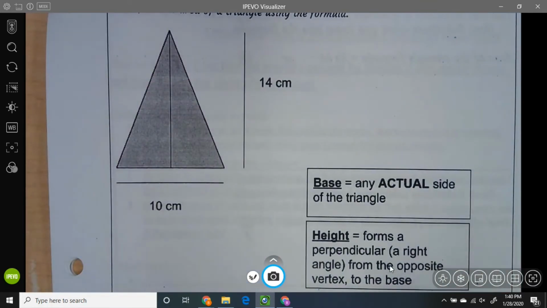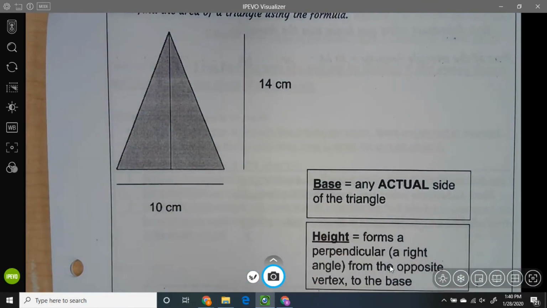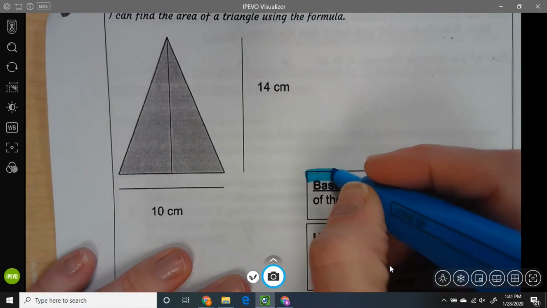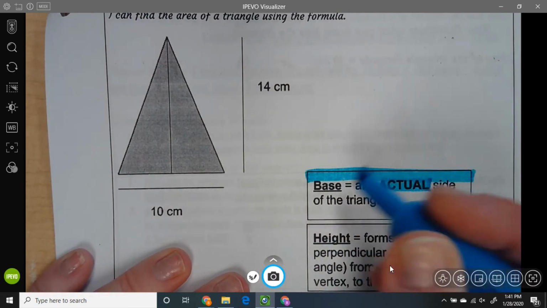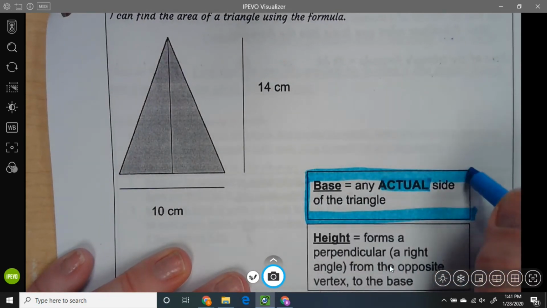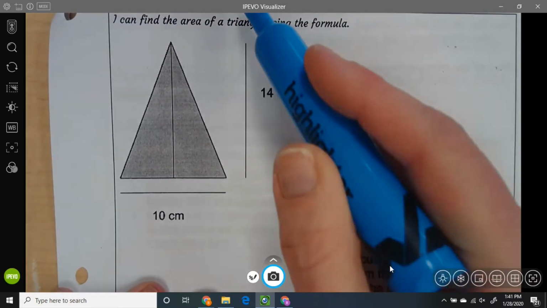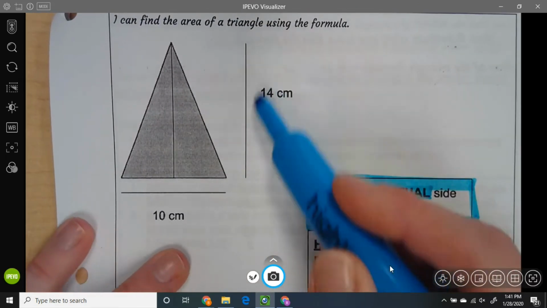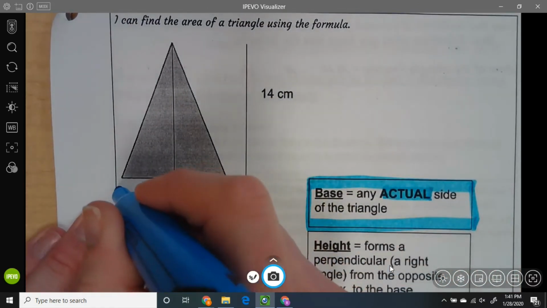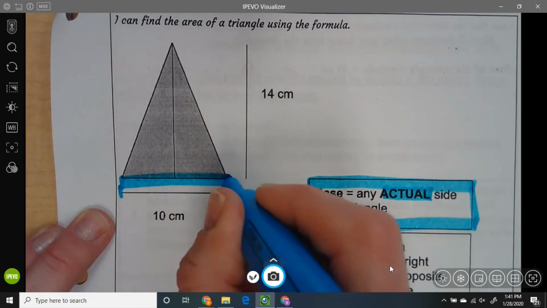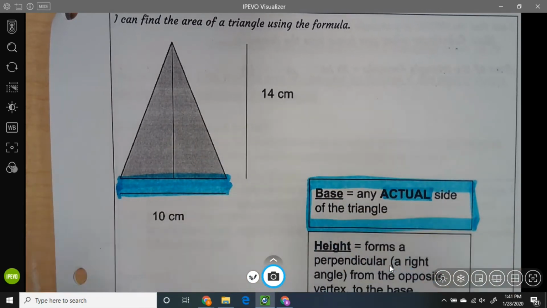Okay. So remember the base has to be an actual side of the triangle. So this right here cannot be the base, even though they give us the dimension, because it's not an actual side of the triangle. Okay. So this 10 right here that they labeled is my base.